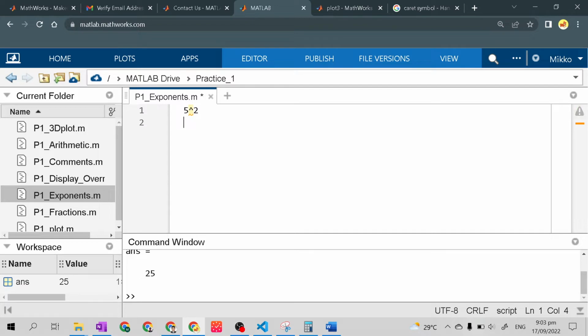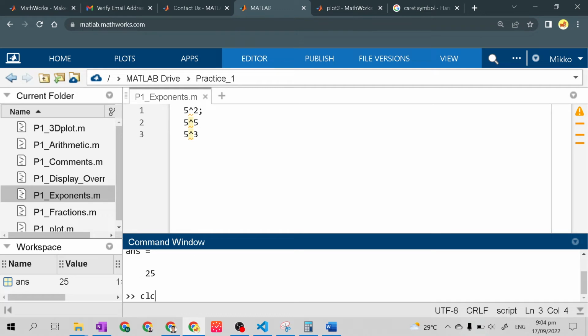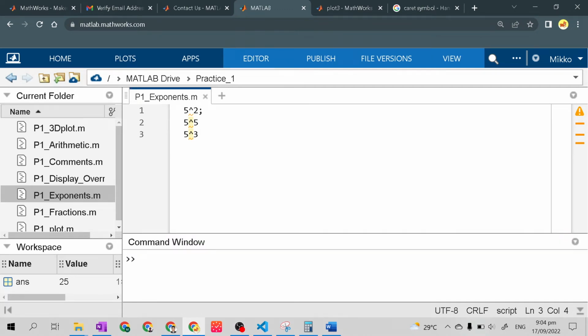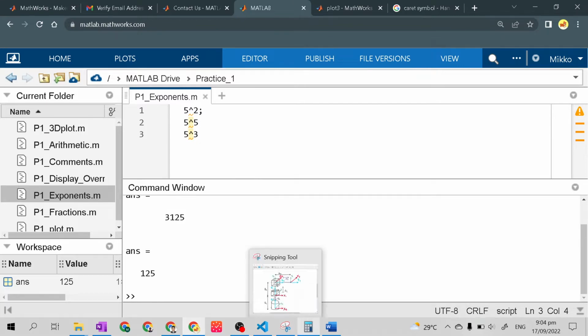If you want larger than square, if you want cube or raised to 5, just change the number, or 3, then run F5. So you can check it on your calculator.